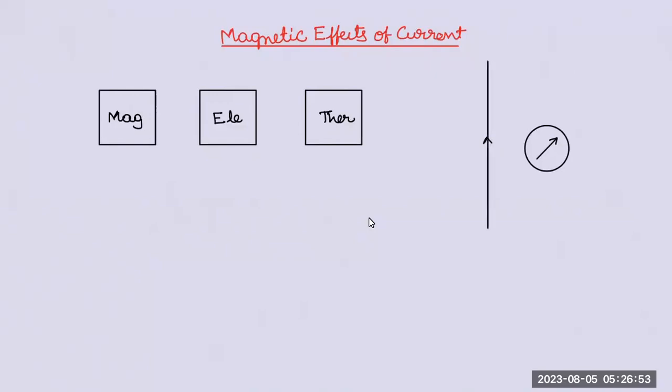Then everyone got surprised, because for them, current belongs to electricity, and magnetic needle and deflection belong to magnetism. Two completely different things are getting connected.